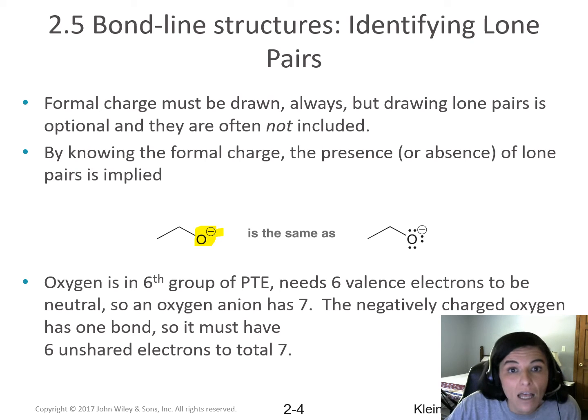If I solve for X, I would see that I have 6 lone pair electrons or 3 lone pairs. And that is what we have around that oxygen, okay? By knowing the formal charge, the presence or absence of lone pairs is implied.